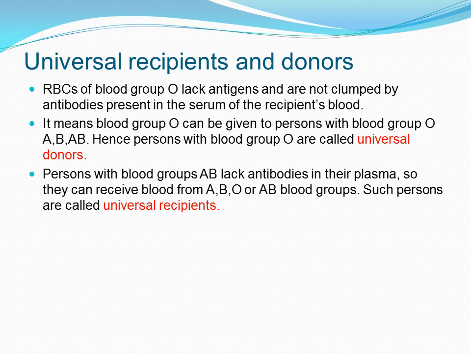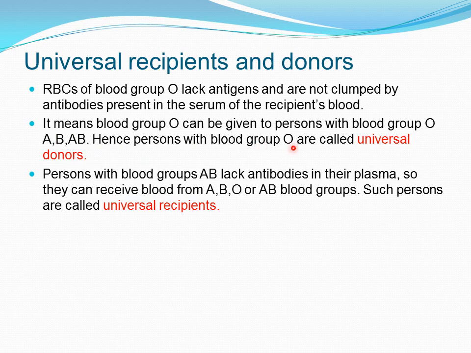Now, as we have discussed in the previous video also, I think it is quite clear. Just here I have written a few words regarding that. The RBCs of blood group O lack antigens and are not clumped by the antibodies present in the serum of the recipient's blood. So blood group O can be given to persons with blood group O, A, B and AB.